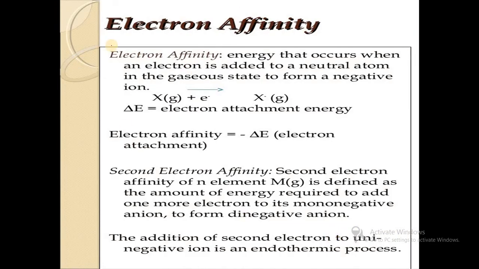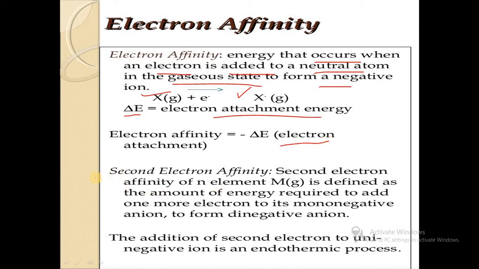So here, electron affinity means the energy change that occurs when an electron is added to a neutral atom in the gaseous state to form a negative ion. Here an electron is added to the neutral atom, and we get the X minus ion. Delta E means electron attachment energy. Electron affinity is represented as minus delta E of electron attachment.